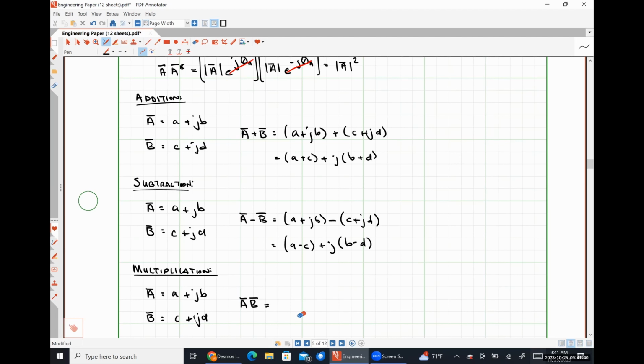I'm not going to put an asterisk in the middle because that is what's used for the conjugate operation. So there's literally nothing I can do that is conventionally used to imply a multiplication other than literally just putting the two things next to each other. So just to reiterate, if I'm asking you to multiply complex numbers, it will literally be complex number A next to complex number B. End of story.